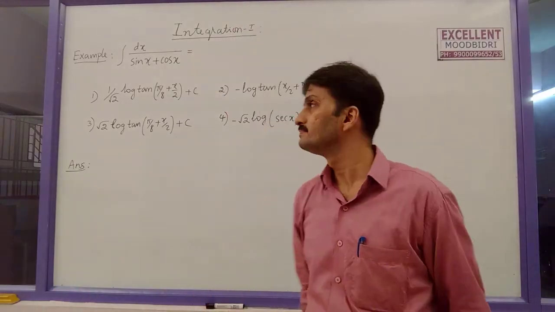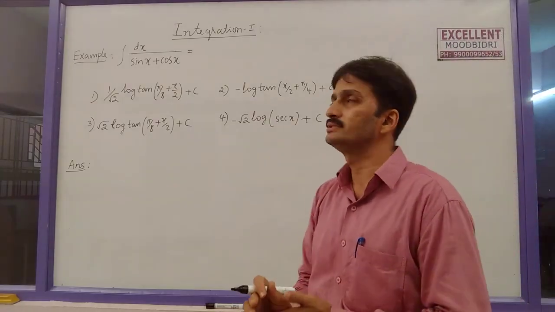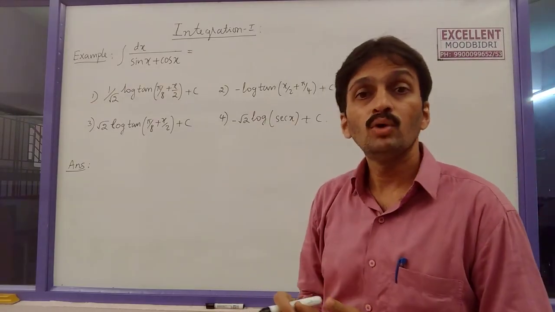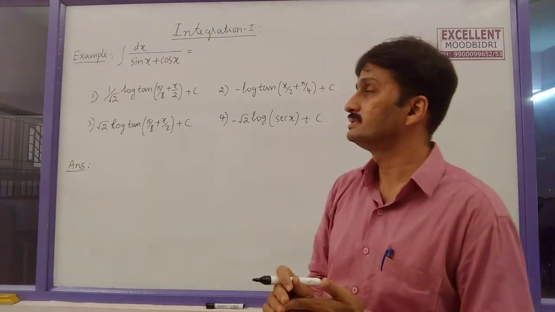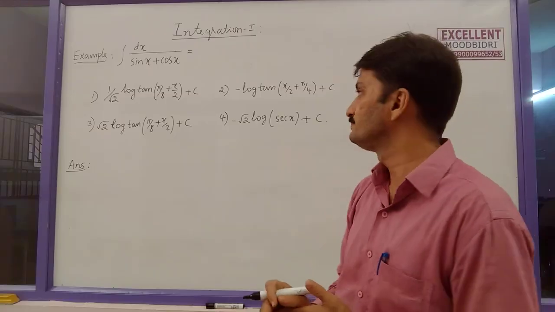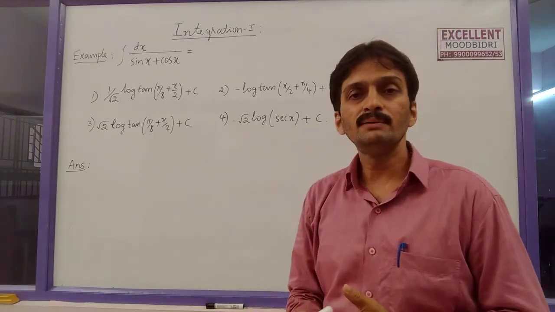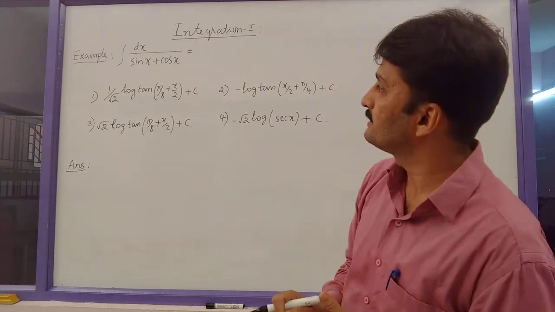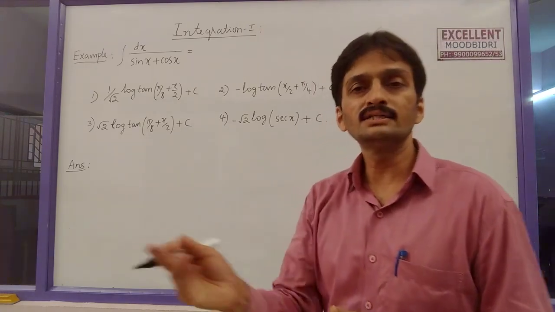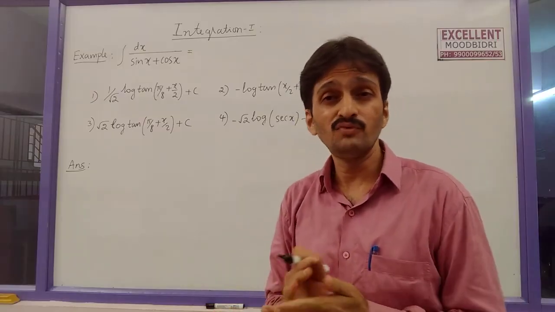Next example, integration of dx by sin x plus cos x, or integration of 1 by sin x plus cos x dx equal to. Let's see how to solve this problem. Now, what happens if you multiply numerator and denominator by sin x minus cos x? You get sin x minus cos x by denominator, sin square x minus cos square x. But that's of no use, correct?